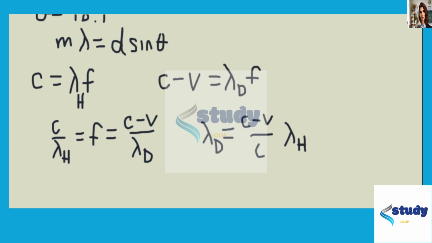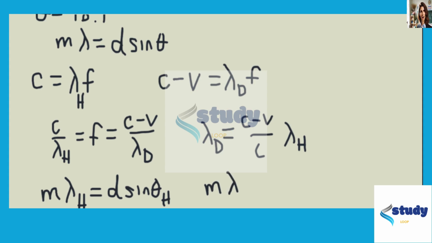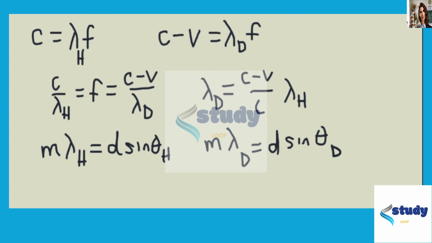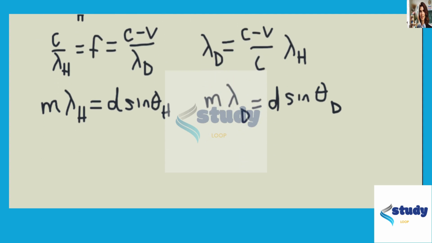Since m lambda h equals d sine theta h, and m lambda d equals d sine theta d, then I can rearrange both of them for m over d.